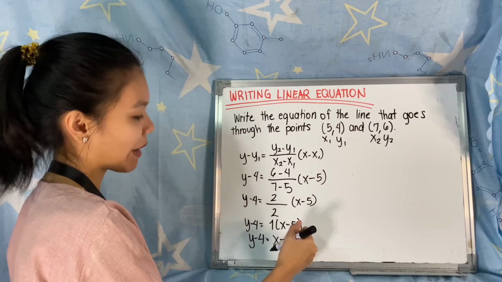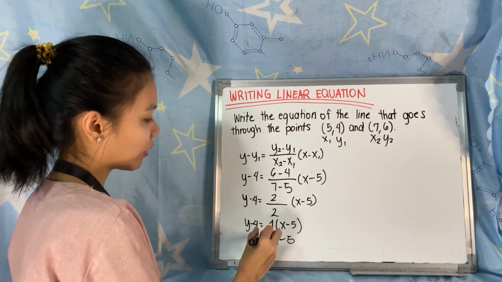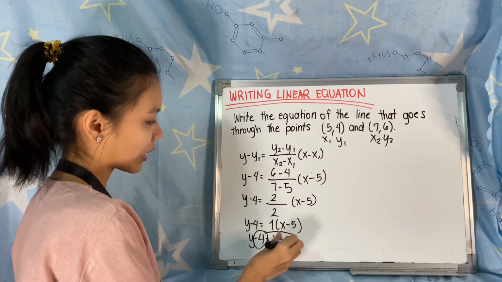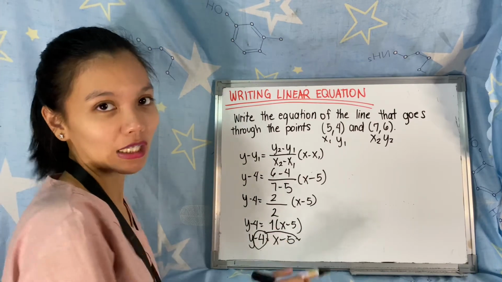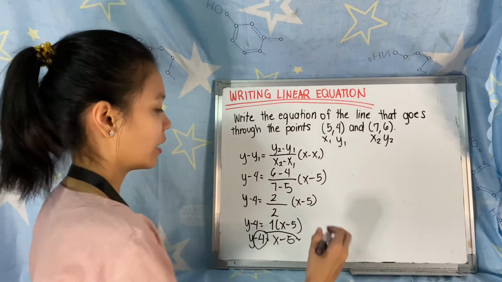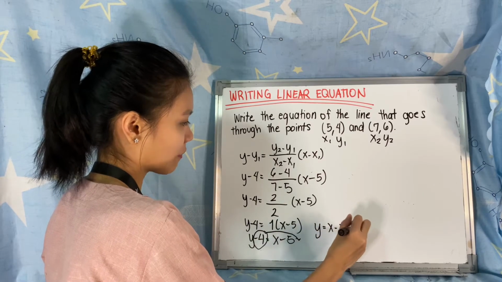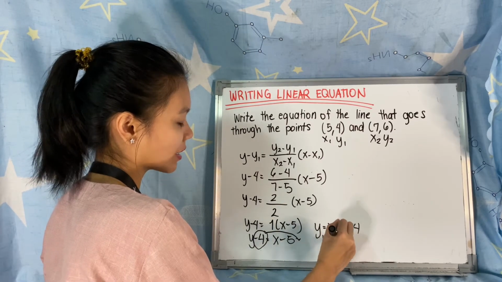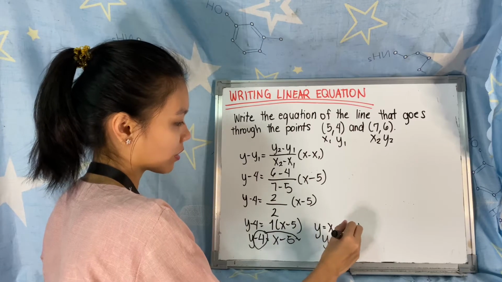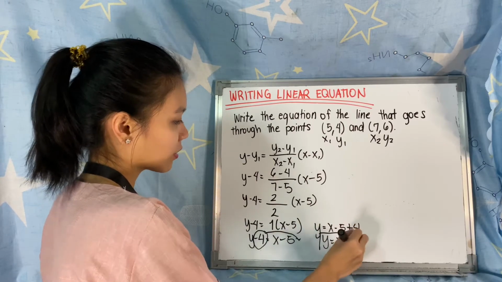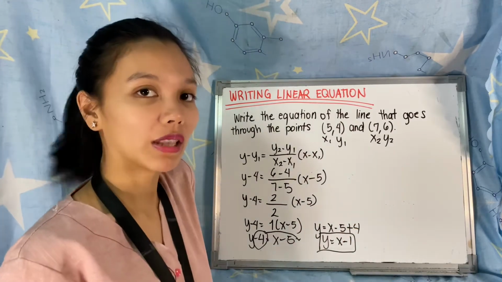Combine like terms. So, pwede natin i-combine si negative 4 kay negative 5. So, ito transpose lang natin siya sa kabilang side. So, we have y is equal to x minus 5 plus 4. That will become y is equal to x minus 1. So, yan yung ating magiging slope-intercept form.